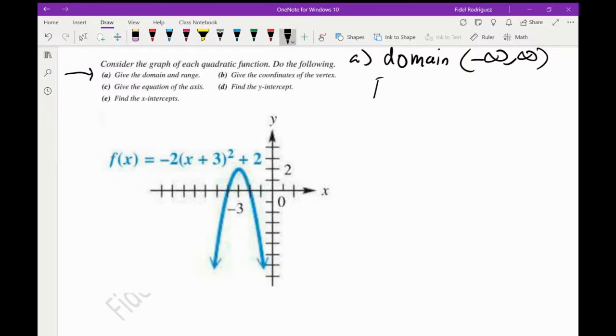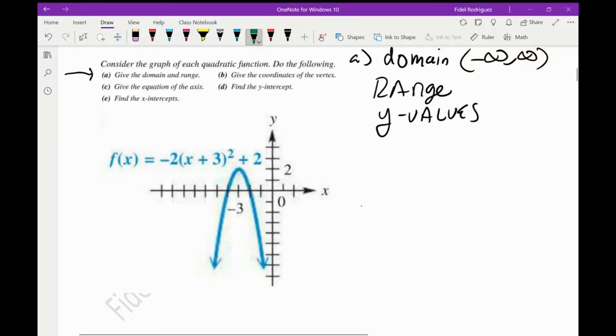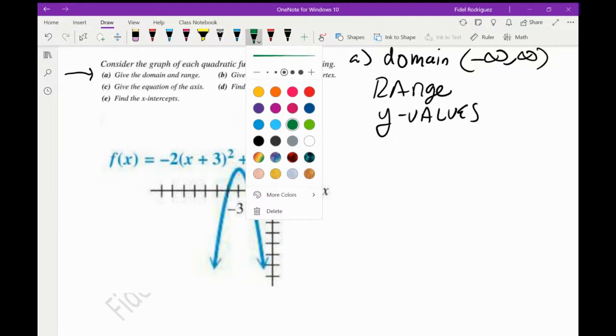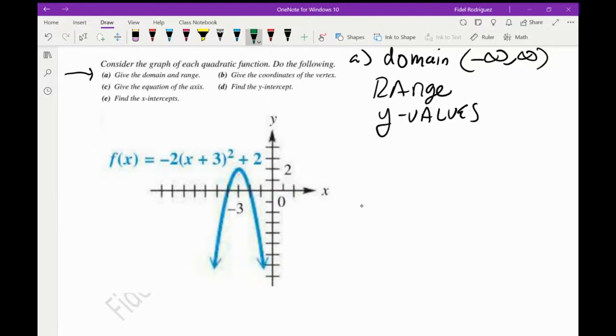So now let's find the range. Remember what we said, the range refers to the y values, right? In terms of the y values, we're always going to start from the bottom and work our way to the top. So if I'm coming up this way on my y-axis, no matter how far down I go, because that graph goes down and down forever, I'm going to hit my graph.